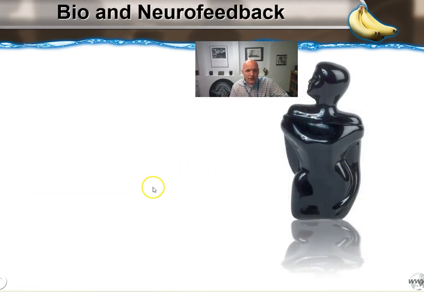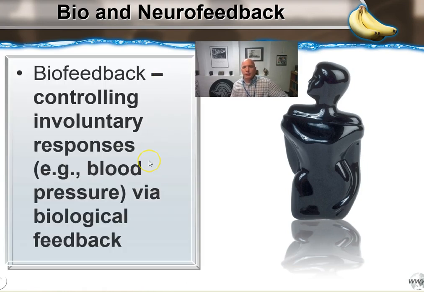But we're also seeing what I would call cutting edge usage of behavioral modification. Biofeedback is controlling involuntary responses such as blood pressure via biological feedback. Here we would give a person maybe a fitness tracker such as a Garmin or a Fitbit, and we would let them see things like their REM sleep.